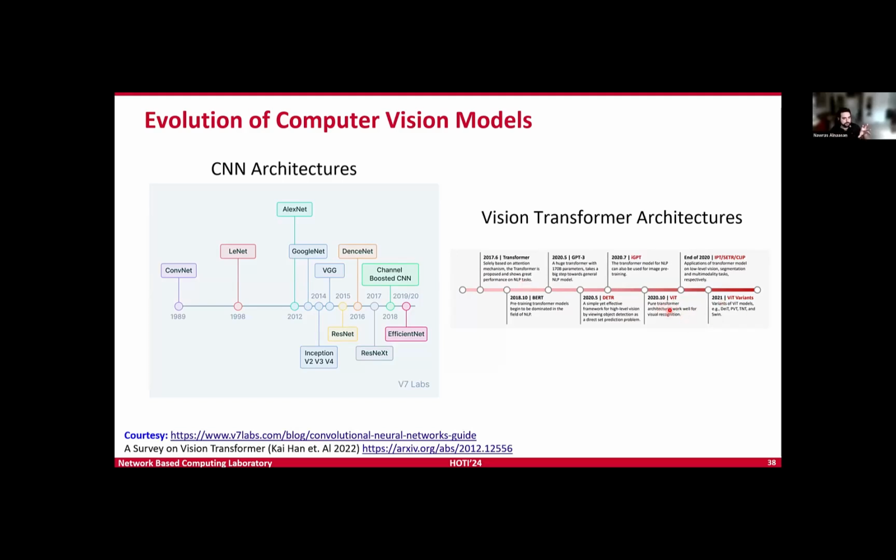And since then, we have had a very strong architecture, the Vision Transformer, that in fact outperforms some of these advanced CNN architectures. And now the state of the art uses a combination of both of these architectures to produce the best accuracy.